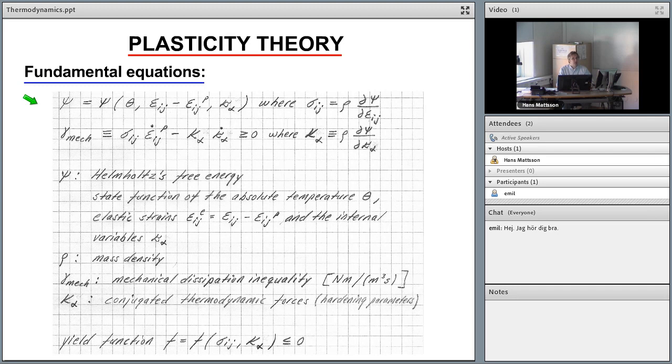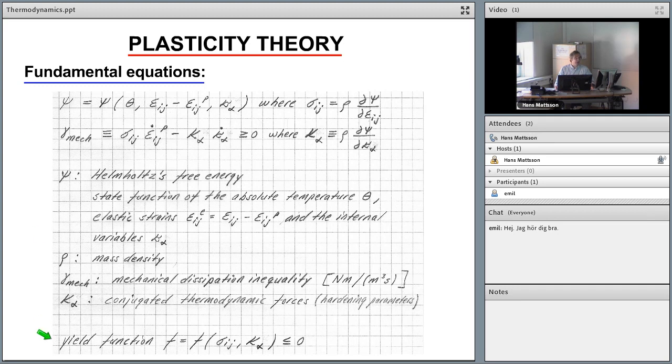That is what the information is here, and they are just formulated in such a way that it's good for deriving constitutive models here in plasticity. So we start from here to just understand that there are this first and the second law in this. That's nothing else. It's just structured in such a way.